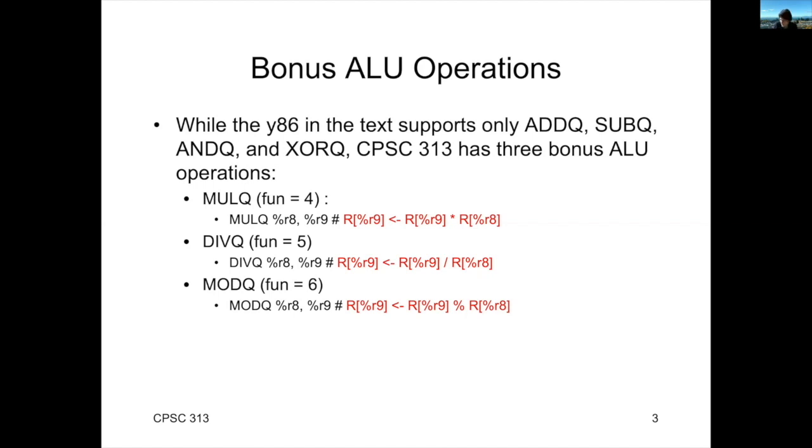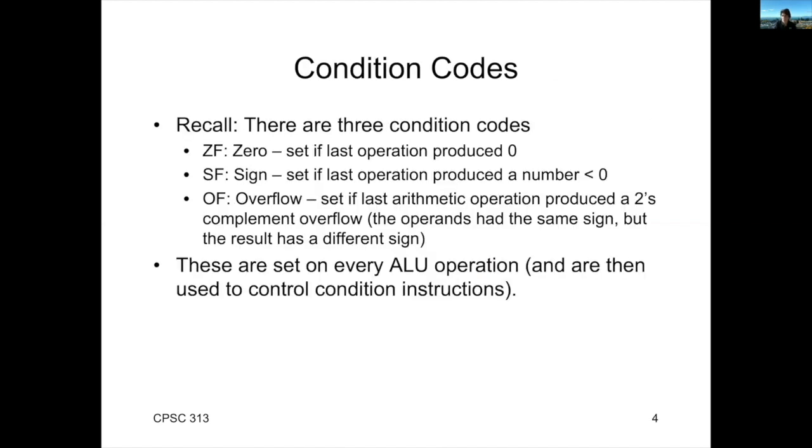Now there's another interesting feature of the ALU operations, and that is that they set the condition codes. So you might remember when we introduced all the visible state, we mentioned that there were these condition codes, and in particular, there were these 3 flag values, ZF, SF, and OF. Where ZF corresponds to the 0 flag, which is set if the last ALU operation produced a 0.